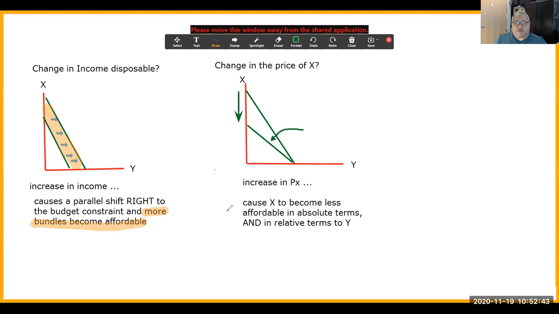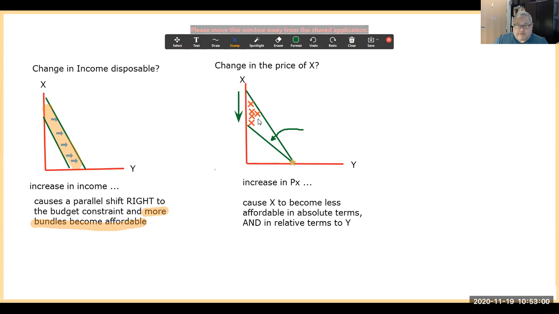So it's as if there were a hinge at the point where the budget constraint meets the y-axis, and there's a swivel in, and then there's a loss of affordability. So there's an income effect, but there's also a substitution effect that will happen in terms of preferences.